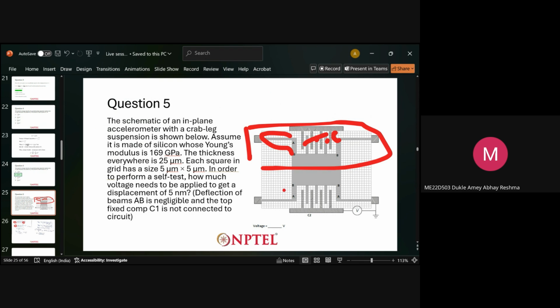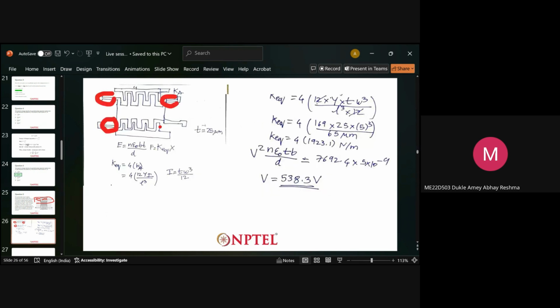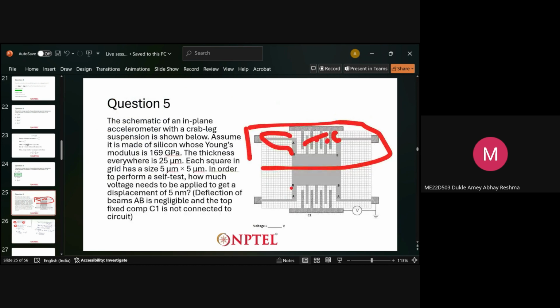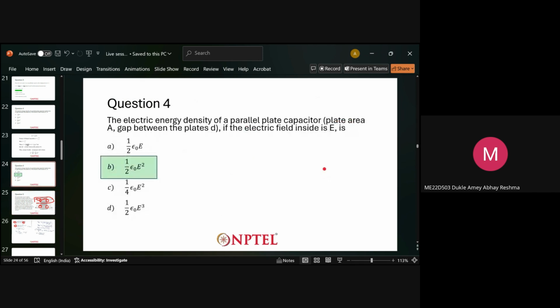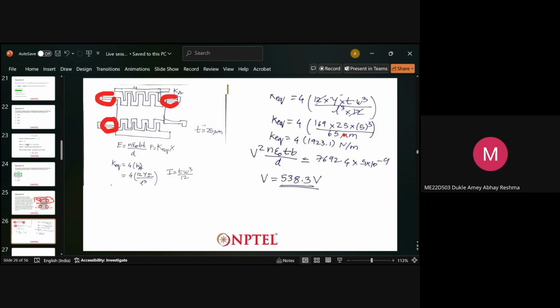So length here we are calculating, this is where we are calculating here, so a b c d like this. The length is coming around 65 micrometers. So length we are getting, and based on that we get the k equivalent.